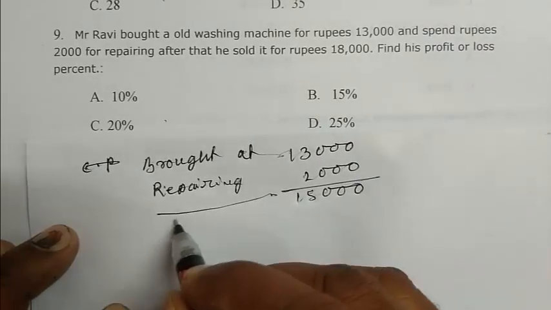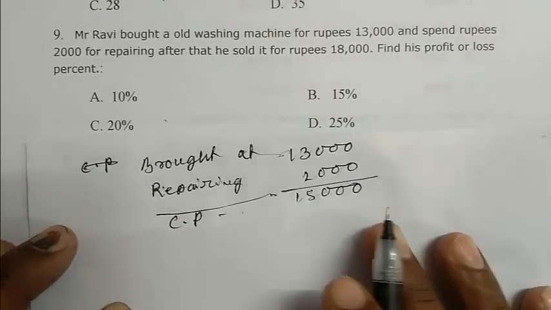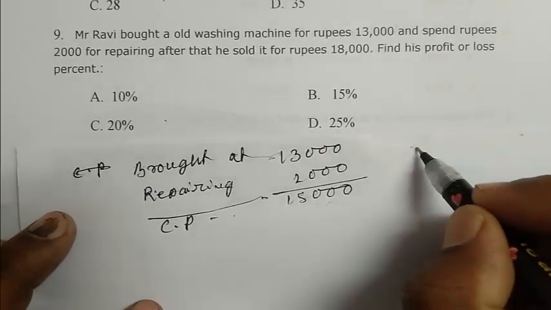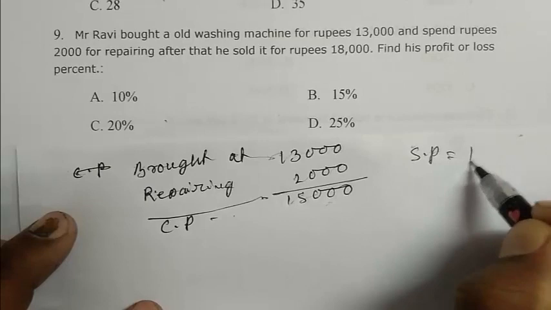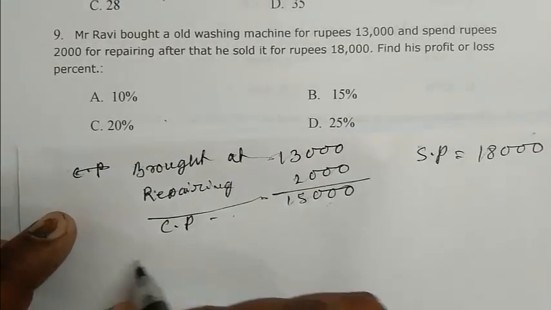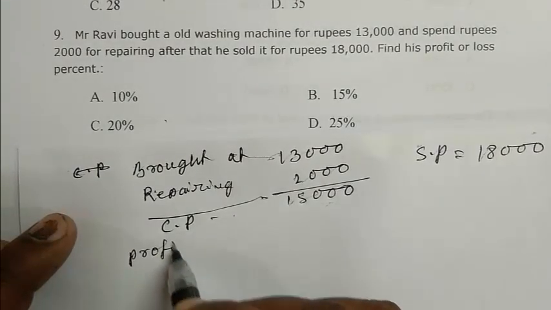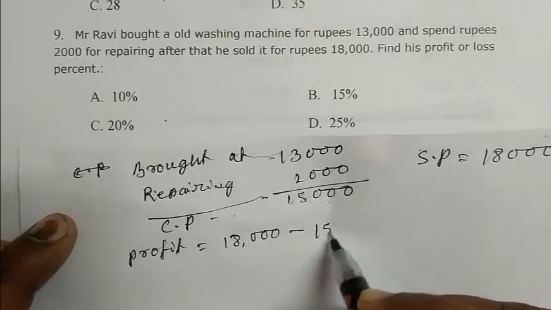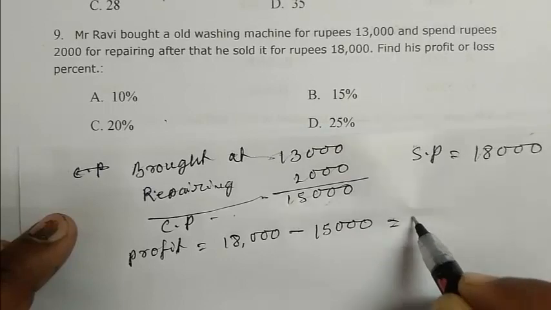So CP becomes 15,000. He sold it, that is SP is 18,000. So profit is 18,000 minus 15,000, that is 3,000.